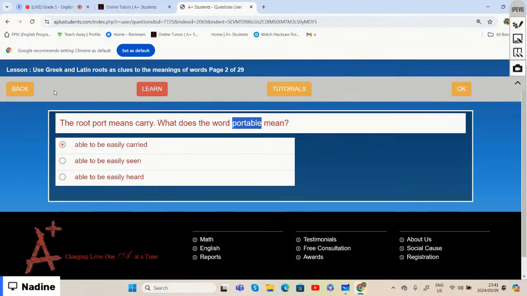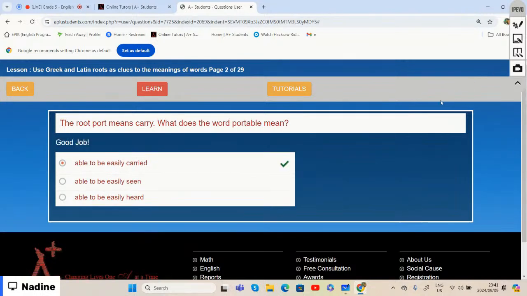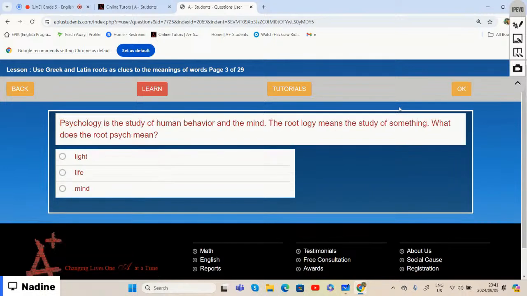And the root of the word portable is to be carried. So well done. Option 1 is correct.